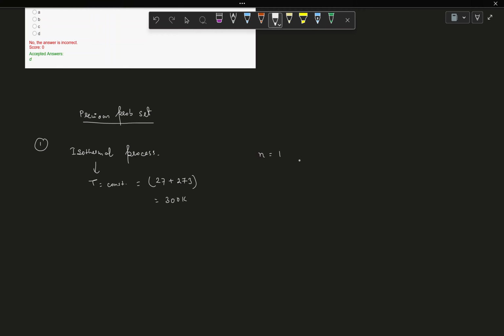So this is N equal to 1 gram mole or 1 mole basically. Let's say the initial volume we take as V1, which is equal to V. And the final volume, they have mentioned, is expanded to 4 times its initial volume. That means if we consider V1 to be V, then V2 will be 4 times V, which is 4V, right? This is initial, and this is final.